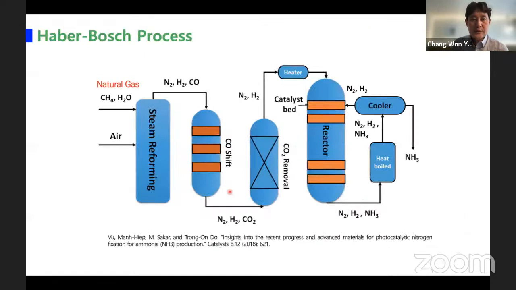So this is the commercial Haber-Bosch process reactor. Now the hydrogen actually comes from natural gas, but in the future the hydrogen should come from water. Nowadays, the steam reforming process produces nitrogen and hydrogen that go to the water gas shift reactor and the Haber-Bosch reactor to produce ammonia.